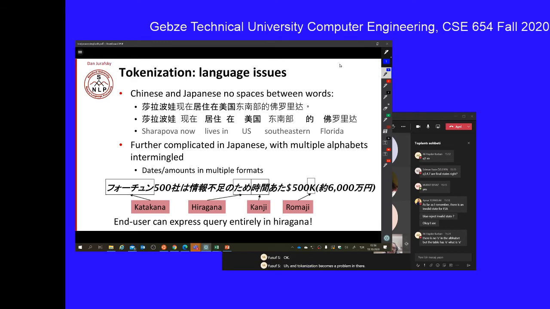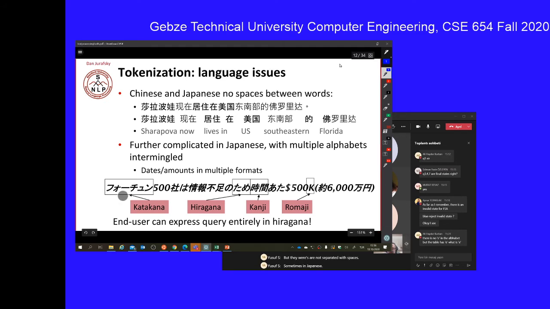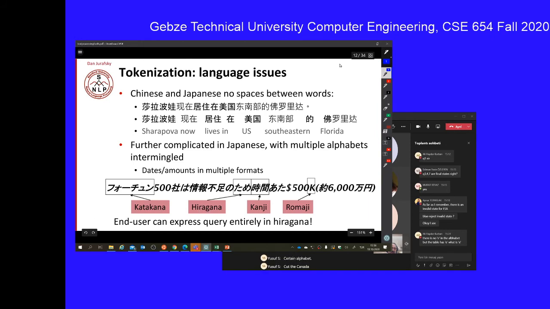Okay. So they just read it, but their words are not separated with spaces. And sometimes in Japanese, they use certain alphabet, katakana, then another alphabet, then another alphabet. Sometimes they use Latin letters, Roman letters, and etc.